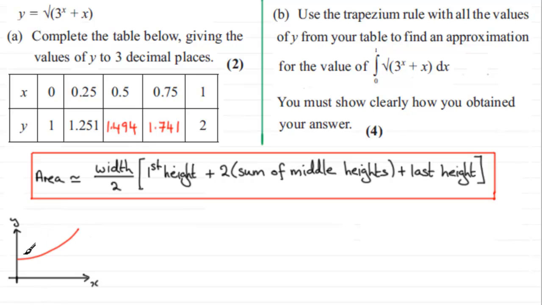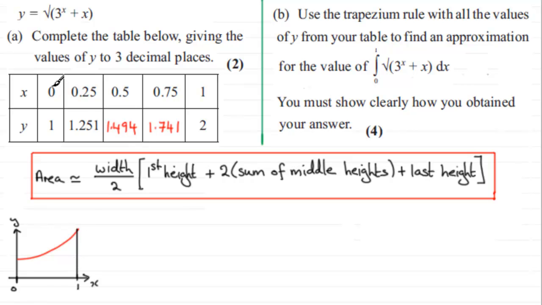When we do an integral, especially like in this one from 0 to 1, we're finding essentially the area under the graph, the area under the graph from 0 to x equals 1, this area here. That area can be approximated by splitting it up into intervals.